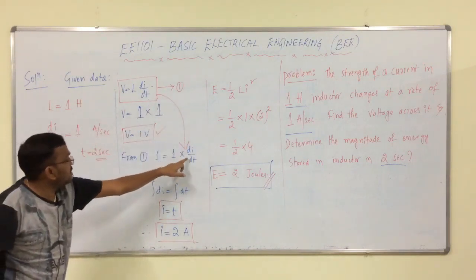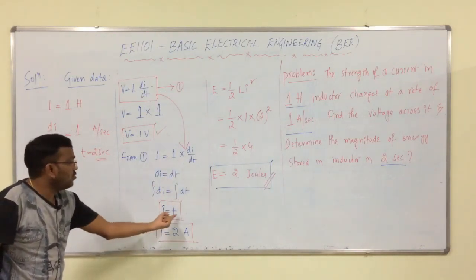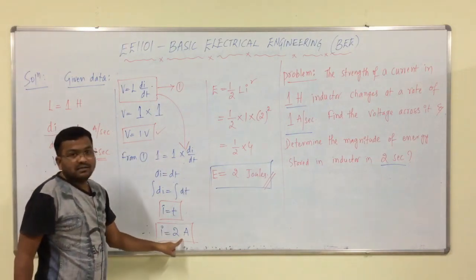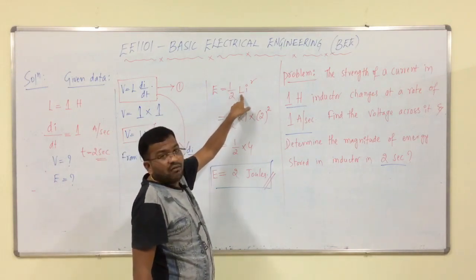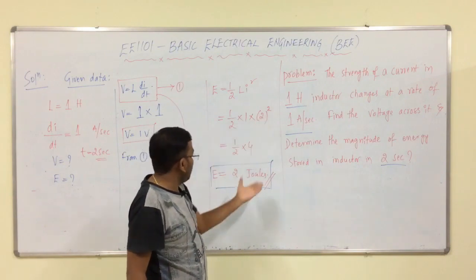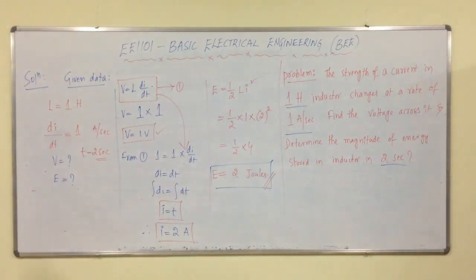Therefore, di is equal to dt, simply integrate these two terms, we get I is equal to t. With the condition t is equal to 2 seconds, I is equal to 2 amperes. The energy is nothing but simply half L i square. We know the value of L already, and we get this current. Simple, 1 into 2 square, half, we get 2 joules. This is the problem regarding the concept of inductor.